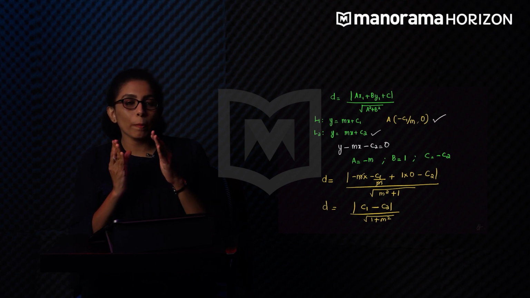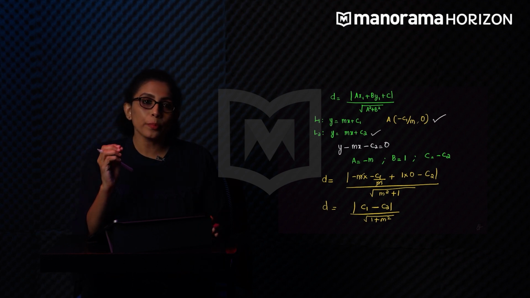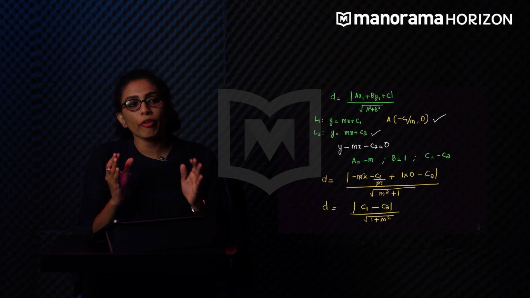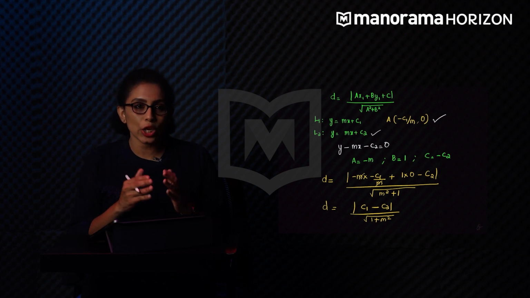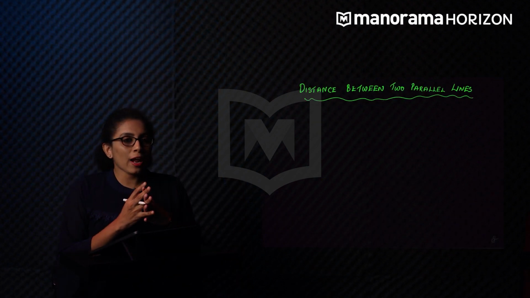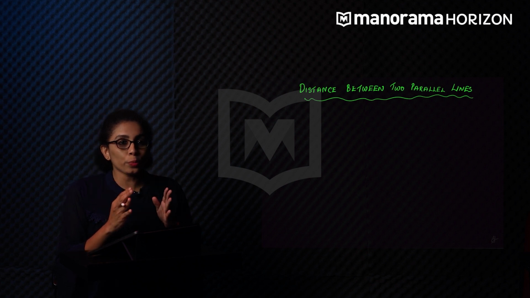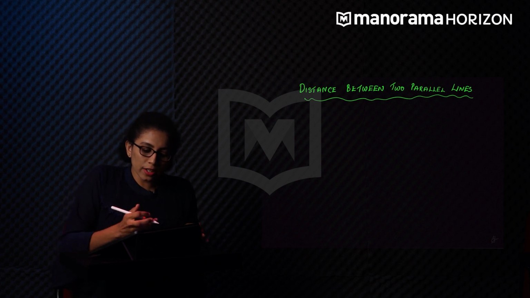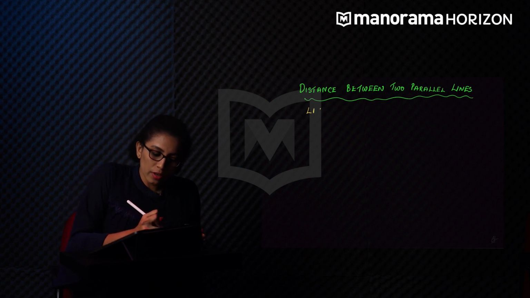So when you get two parallel lines, first take a point in line L1, join that point to L2 and find the perpendicular distance using the equation, and we got the final answer. We have derived the distance between two parallel lines. Now if we generalize L1, let it be Ax plus By plus c1 is equal to 0.